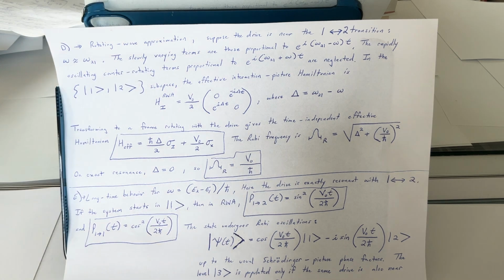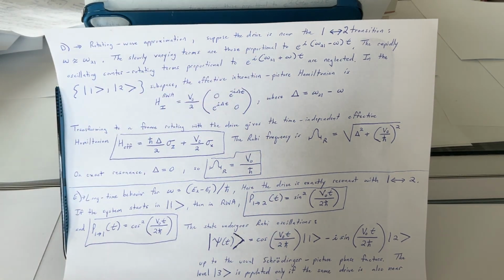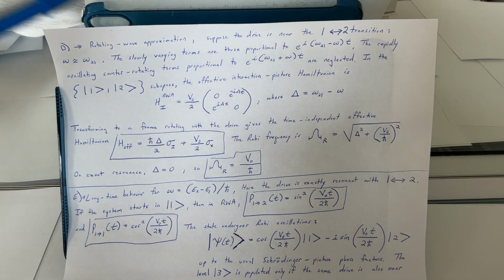So the slowly varying terms are proportional to e to the i, omega 21 minus omega, t. The rapidly oscillating counter-rotating terms proportional to e to the i, parentheses omega 21 plus omega, t, are neglected. Okay, so in this ket 1, ket 2 subspace, the effective interaction picture Hamiltonian is here.